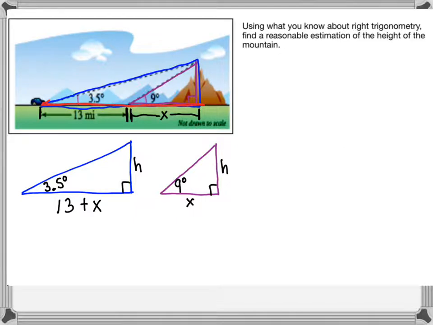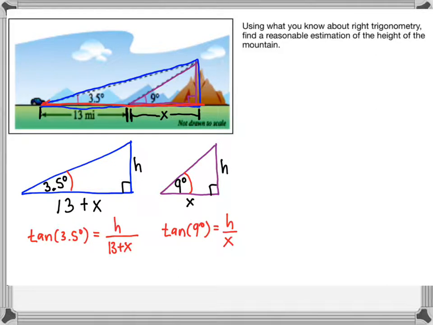I'm going to create the two statements, and it looks like we're going to be using these angles and the sides, which are opposite and adjacent, which lends itself to tangent. So I'm going to write the two statements out and see how we can put these two together.